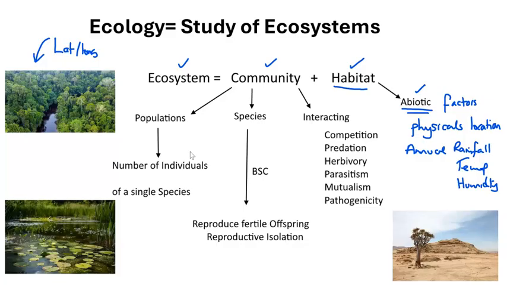Now, in addition to this, our definition of the abiotic might also include the location on a geographic scale. So that would be done in terms of latitude and longitude. And so in this image here, we have a tropical rainforest.